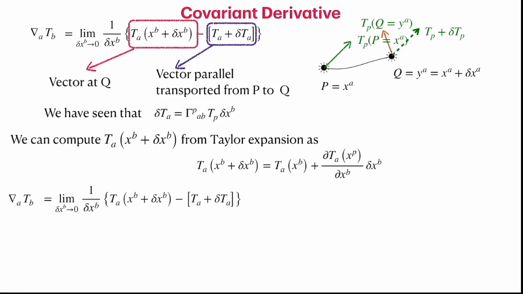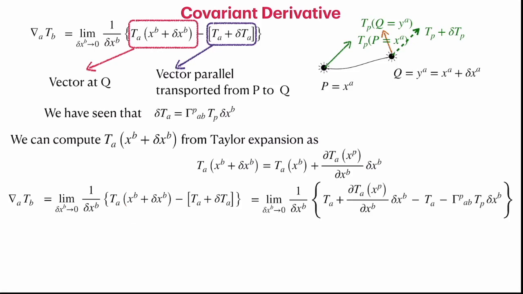Now we substitute back in this equation. We have the delta T^A and we have T(x plus delta x) in terms of the Taylor series. Substituting in this equation, we obtain the expression for our derivative. So we have T^A and a partial differentiation of T^A with respect to x times delta x. The second term is coming because of the change due to parallel transport.